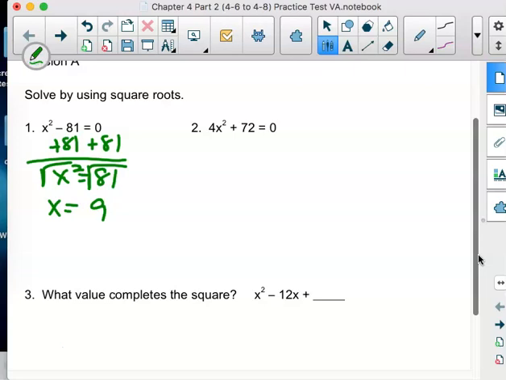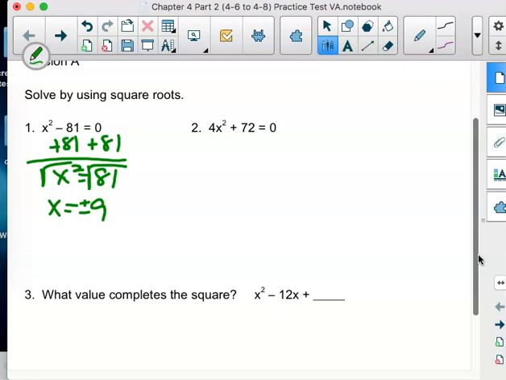I would lose points. Yes, plus or minus. Remember, when we physically write that square root symbol, we have to write the 2 answers that are possible, which are plus or minus 9. Yeah, absolutely, because there's 2 answers and you only gave 1.